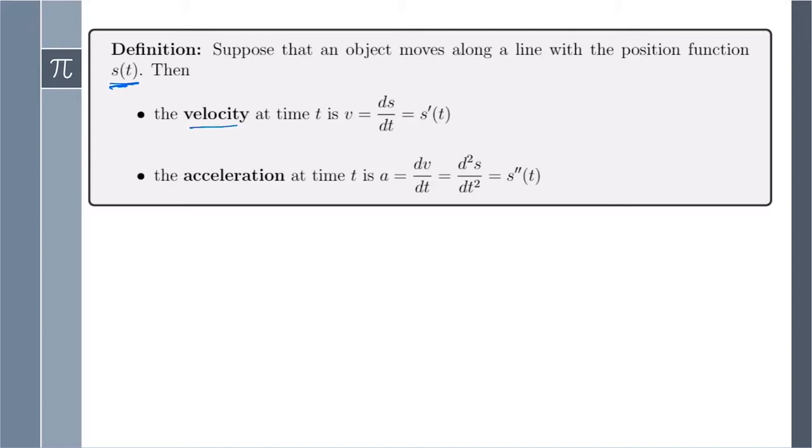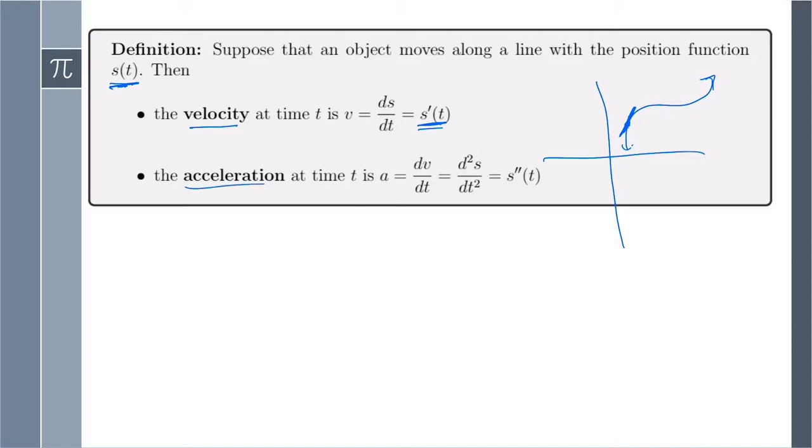Then the velocity at any instant t is given by the derivative of the position function. The slope of the tangent line at a point gives us the instantaneous velocity. So the derivative gives us the slope of the tangent line at a point, and that gives us the velocity function.